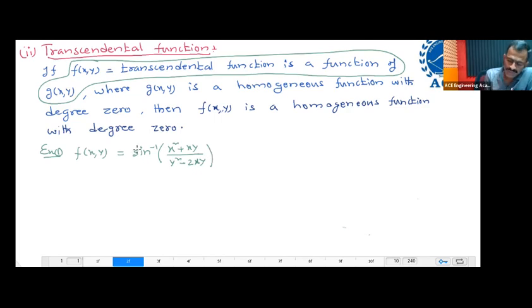First of all, sine inverse is an inverse trigonometric function. It is a transcendental function. And this transcendental function is in the form f of x comma y equal to sine inverse of g of x comma y only.